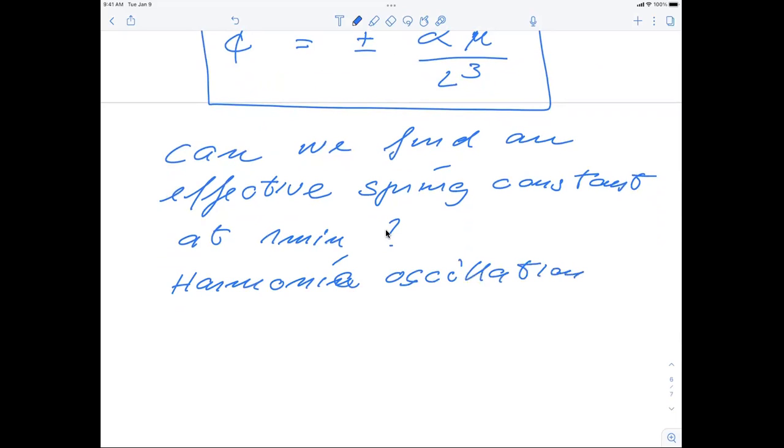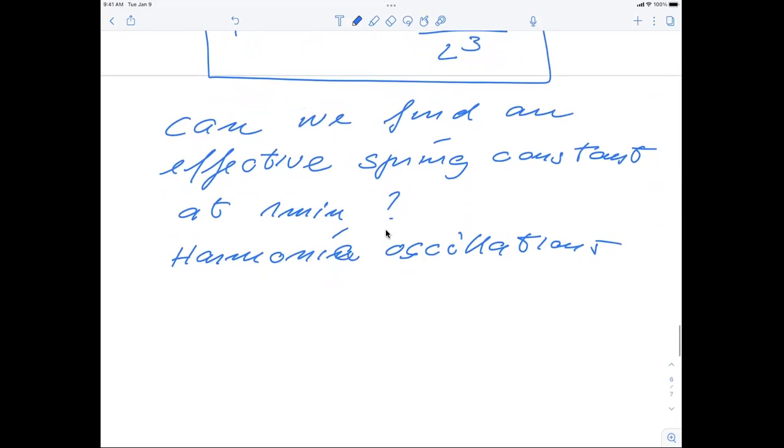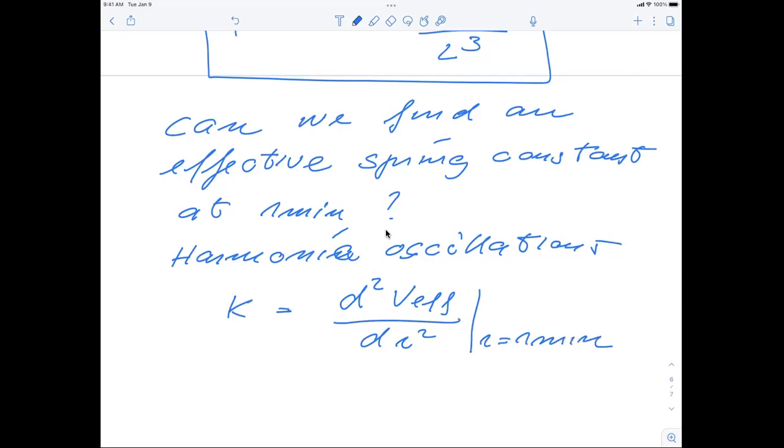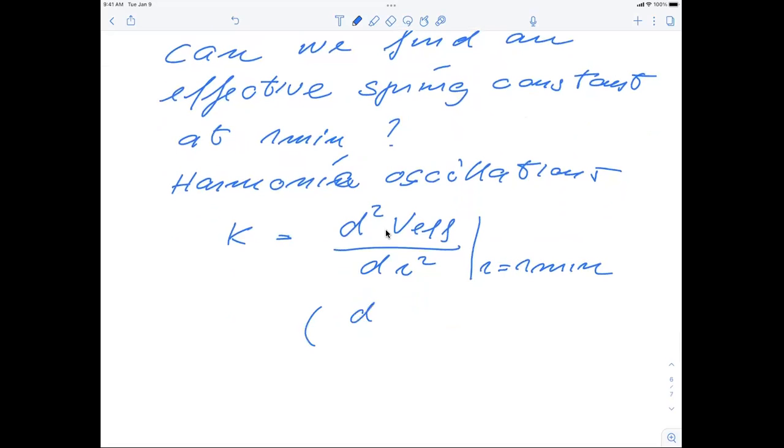So we did a Taylor expansion, and what we had then is that this oscillator constant, or the spring constant as we called it, is given by the second derivative of this effective potential with respect to R, calculated at R equal to R min. Remember that we ran the calculation at the minimum of the potential V of R, and we required simply that the first derivative is equal to 0.